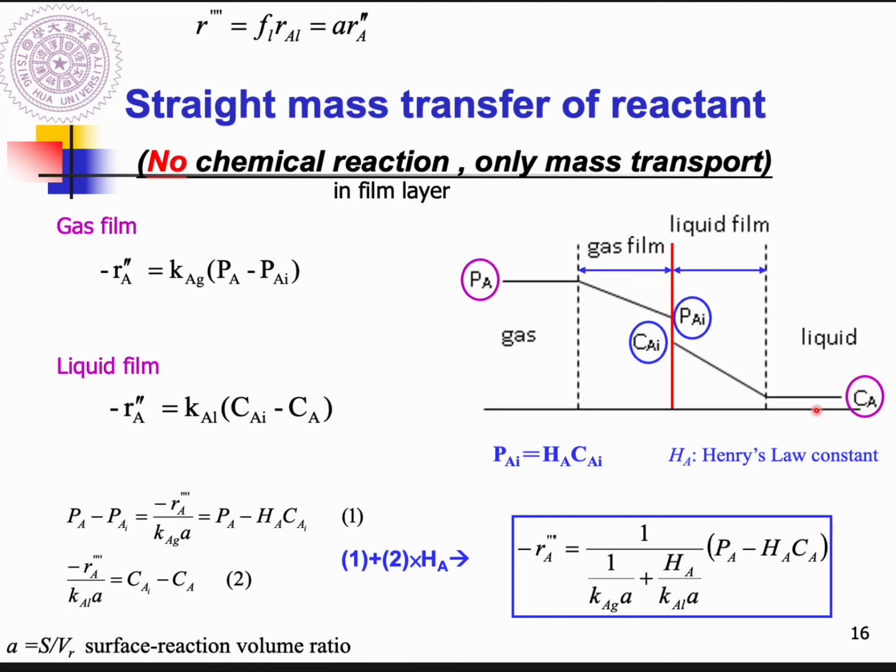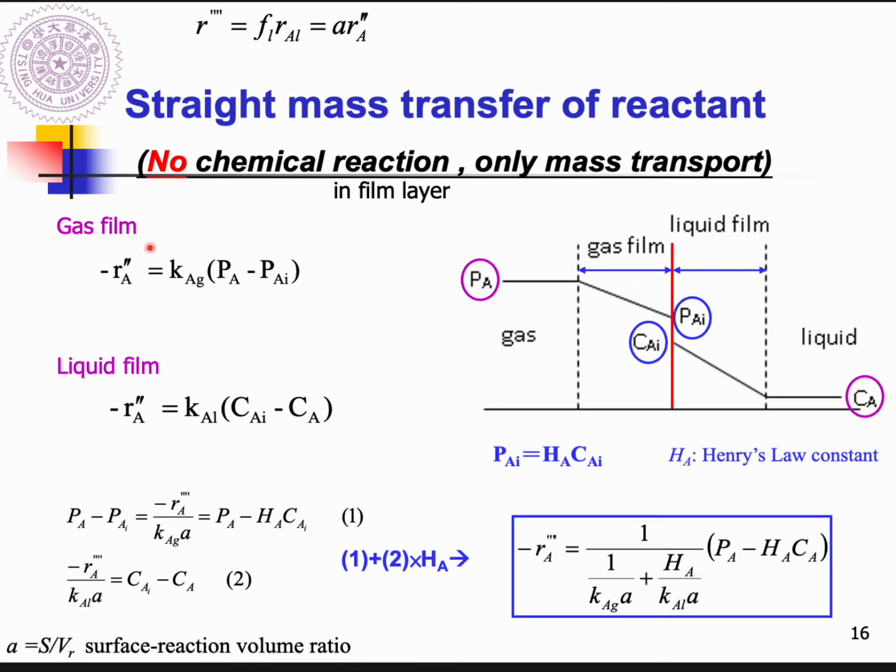So based on this figure, we can write down the flux in the gas film and also the flux passing the liquid film, and as soon as they reach steady state, we have a chance to get some relationships to formulate the consumption rate of reactant A, right?